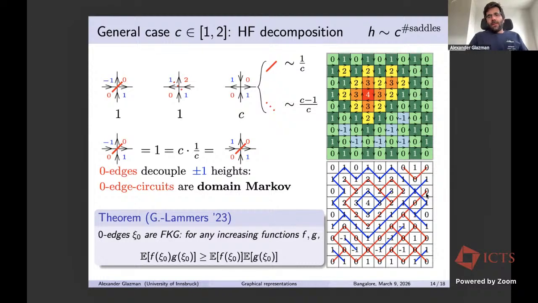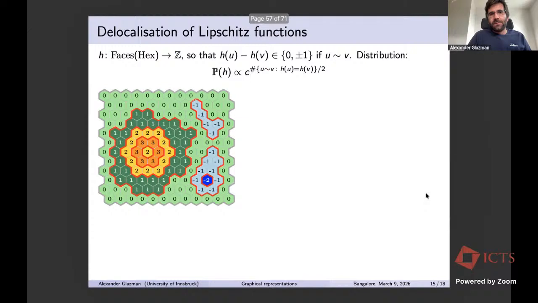So, in fact, exactly the same argument extends to the Lipschitz functions. Here we look at triangle edges, or faces of the hexagonal edges, and between two neighbors the difference is 0, 1, or minus 1.